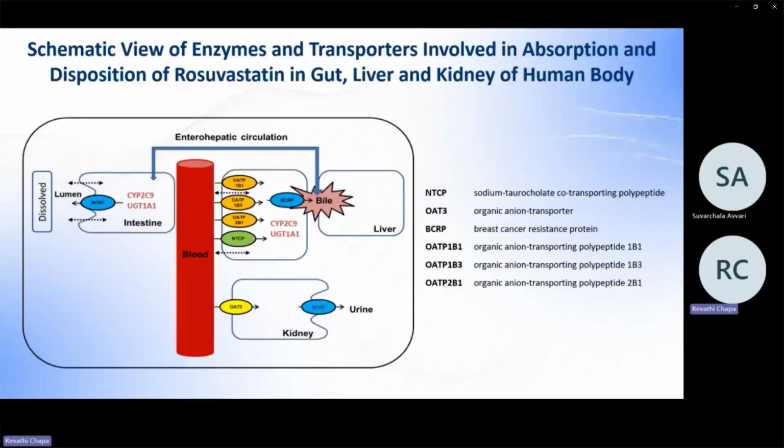Coming to the schematic view of enzymes and transporters involved in the absorption and disposition of rosuvastatin in gut, liver, and kidney of the human body. So rosuvastatin is minimally metabolized by 2C9 and UGT1A1. There is a hydroxy metabolite and the glucuronide lactone metabolite essentially formed from 1A1, but the metabolism is less than 10%.